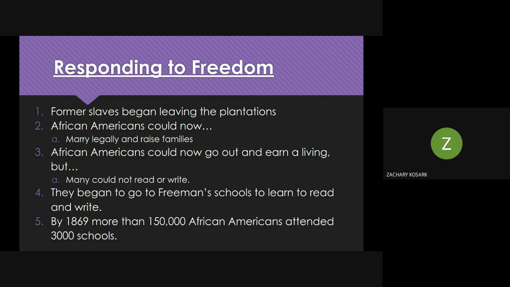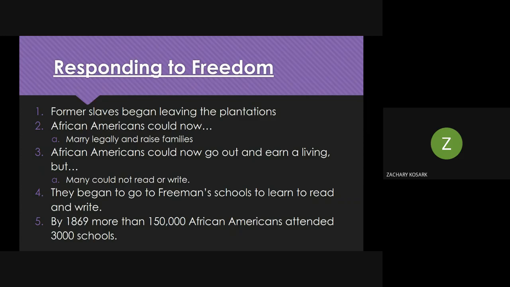African Americans were not treated as citizens or even human beings in most cases. So if they were married, it was more of a ceremony, not a legal thing, and they could be separated from one another at any moment. Children were often taken from them and sold to other plantations. So these things were not available to them before the Civil War.